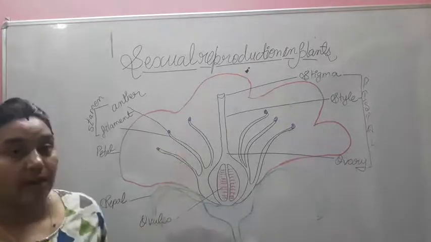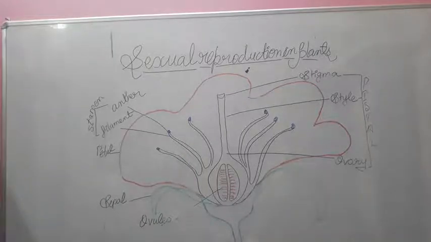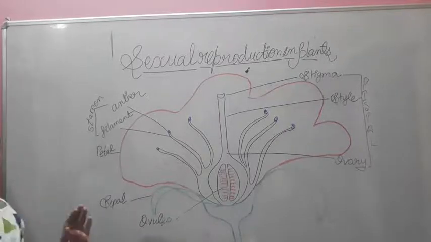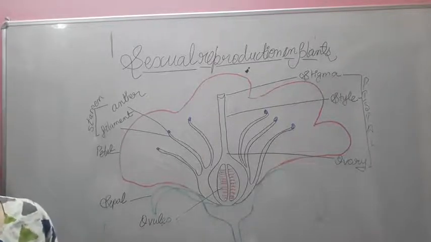Now let us see the structure of a flower, how it is designed. A flower is completed by four whorls.